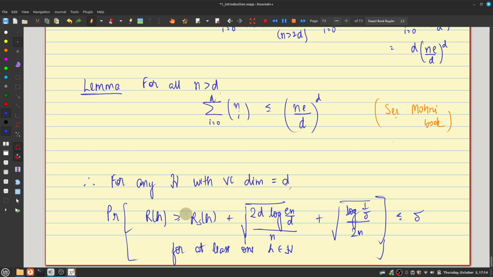Right? And this statement says that as n becomes large, as n tends to infinity, the empirical risk is close to the generalization error for all the hypotheses in the class. So we have uniform convergence. So if the VC dimension is finite, then you have uniform convergence, which was what we originally set out to prove.